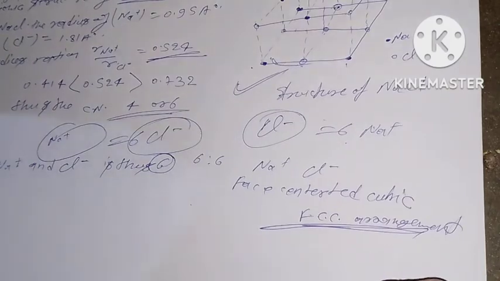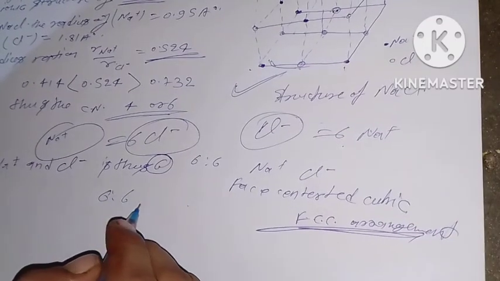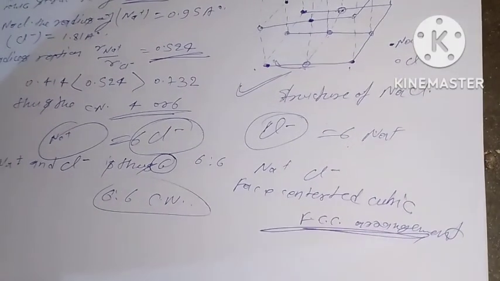It is also treated as a cubic close packed array of chlorine negative ions in which sodium positive ions occupy the octahedral holes. There are 6 octahedral holes around each chlorine ion, and each chlorine ion is also surrounded by 6 sodium positive ions. Hence, the rock salt structure is called 6:6 coordination number.